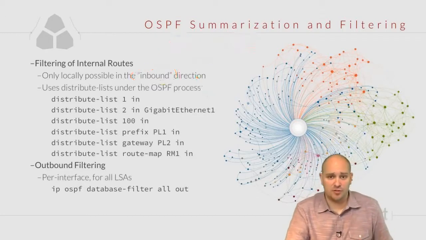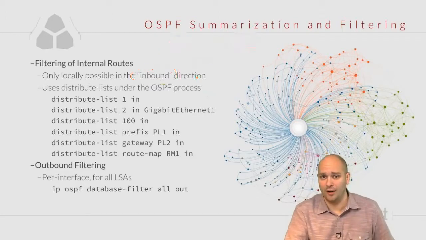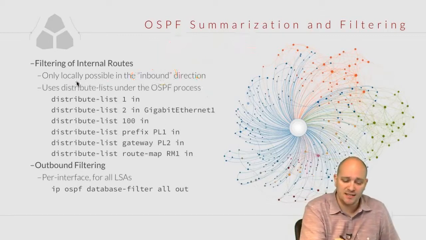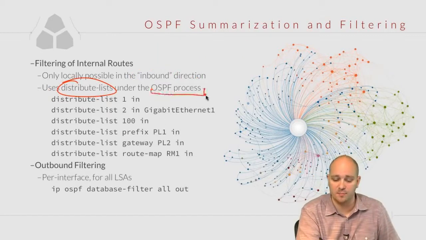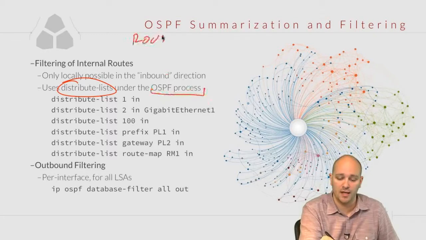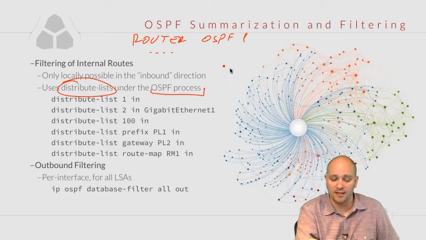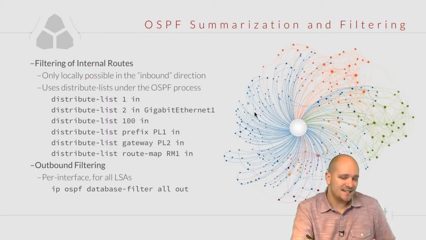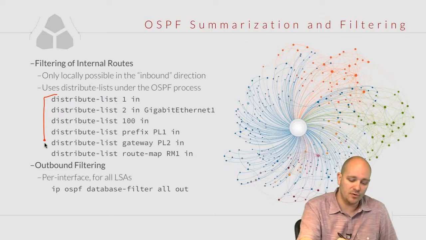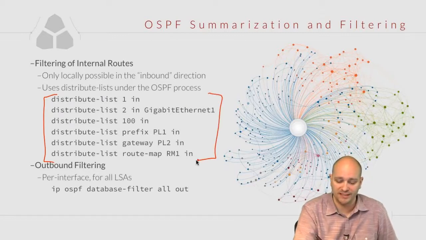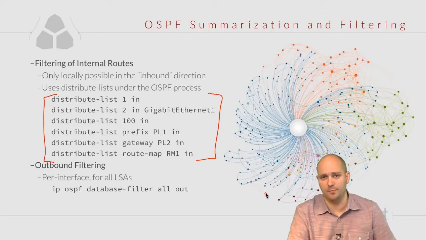And this infrastructure, this filtering of internal routes in OSPF, uses distribute lists under the OSPF process. So we would go under router OSPF, let's say 1, and then we would type an appropriate command. I say an appropriate command because I'm going to show you a couple of examples, but they are not all compatible with each other.